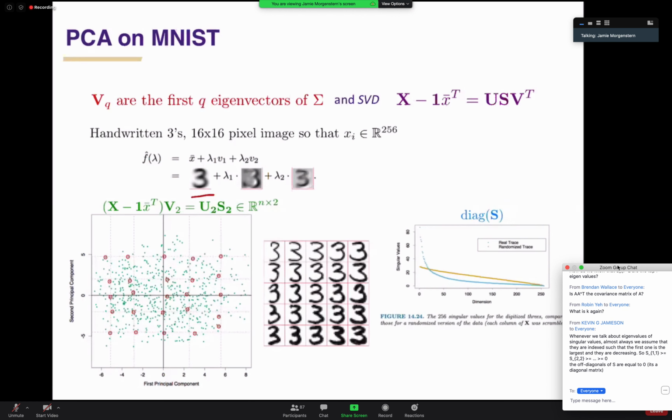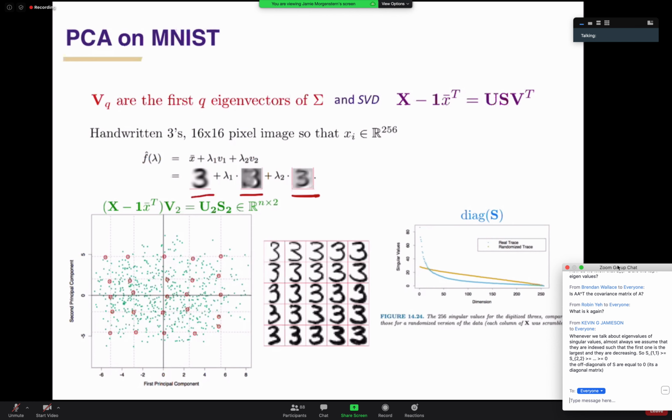If you want to capture the most variance from the remaining subtracted-off values for all of the 3's, you'll find that these two images are the most relevant for capturing the most variance between the 3's in your data set. So you can represent all the 3's as some linear combination of these two right-hand digits plus this mean. It won't be a perfect representation, but it does a reasonably good job.